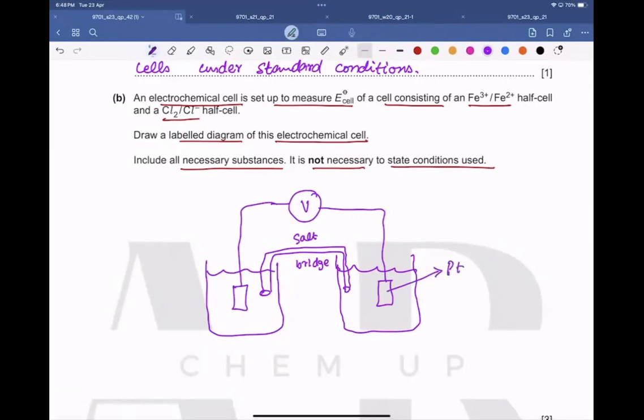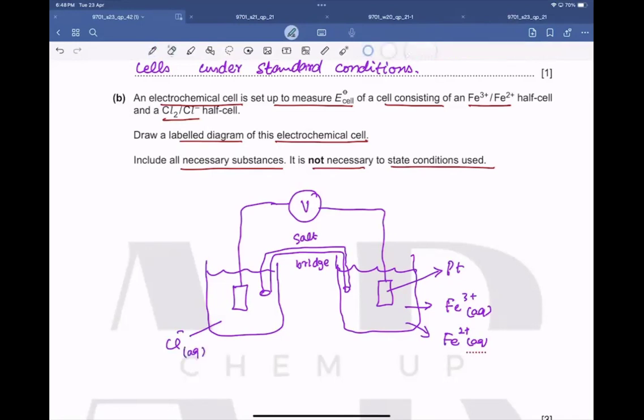I'm going to put platinum if the solution has Fe3 positive aqueous ions and Fe2 positive aqueous ions. And as the other one is chloride and chlorine, so I'm going to put a chloride over here. Okay. And it's aqueous.